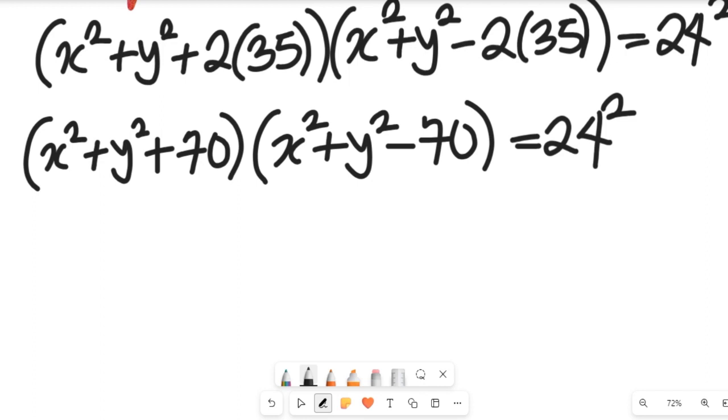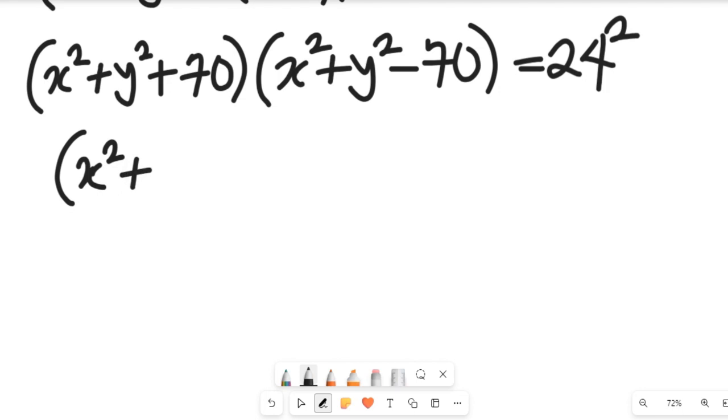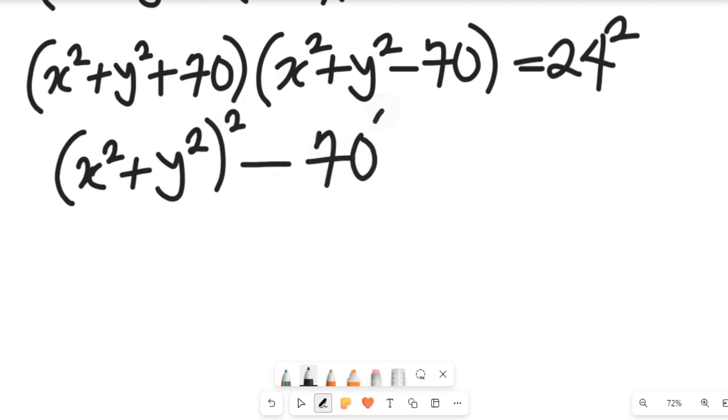You can see that they are typical of a difference of two squares. Why do I say that? Those two expressions will give us x squared plus y squared all squared, minus 70 squared, equal to 24 squared.